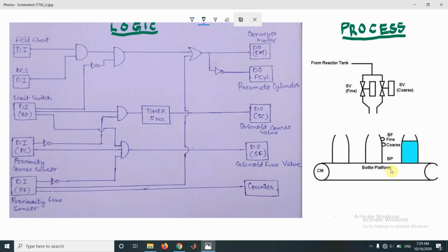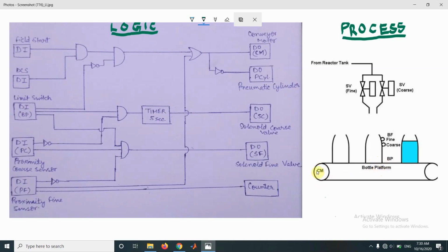First is the limit switch. Now as the process starts, each bottle moves from this position on left to this position right under the solenoid valve, and when the bottle reaches this position, this is sensed by a limit switch. Now when the limit switch senses this, two things happen.